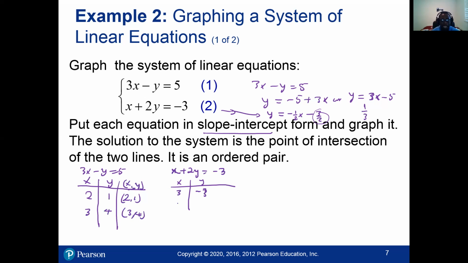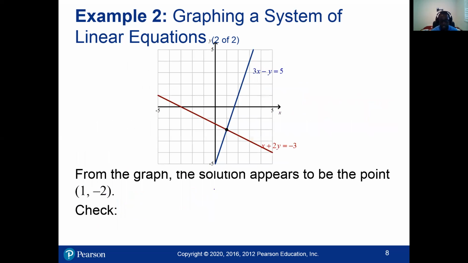And then if y is 0, x is equal to negative 3. So this gives me the points (3, -3) and (-3, 0).